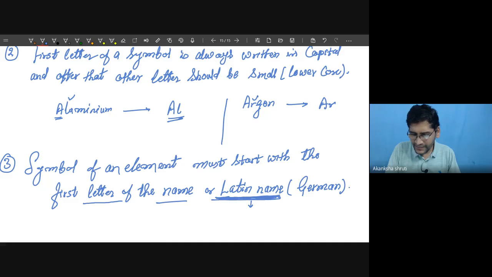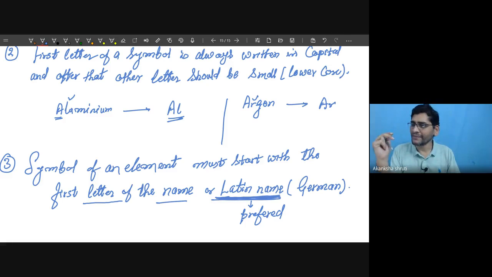So to keep their hegemony or remembrance, it was accepted that the Latin name should be preferred.